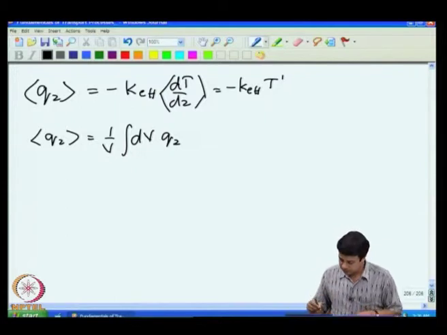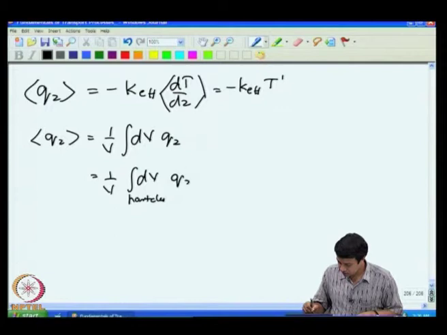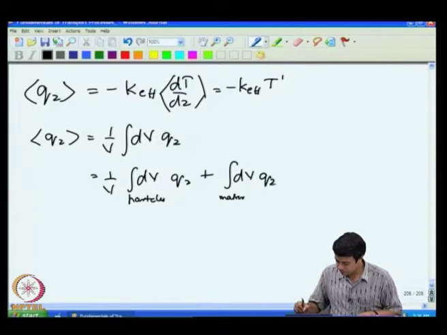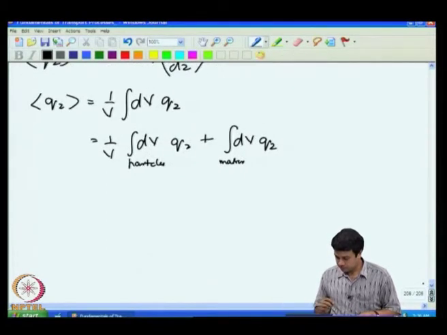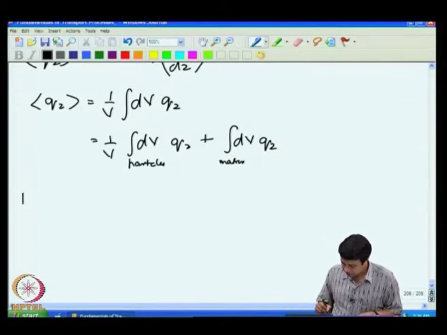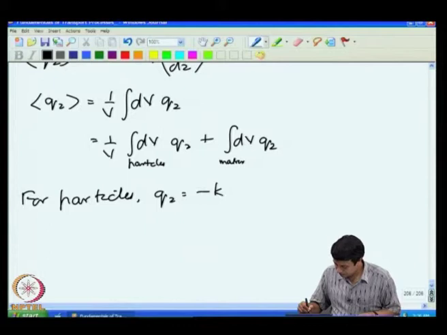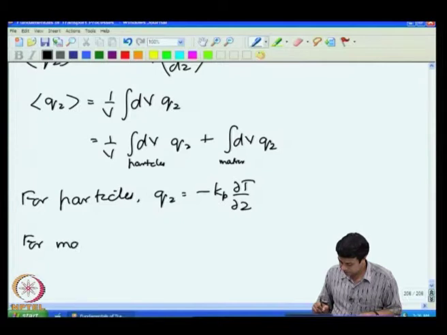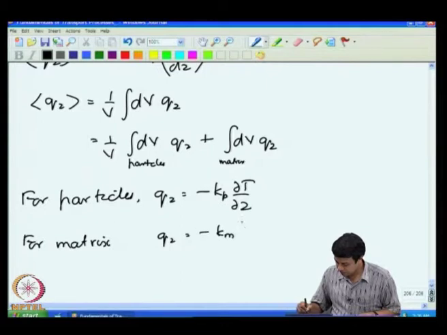Now, this I can separate into two parts, one integral over the particles of Qz plus an integral over the matrix. For the particles, Qz is equal to minus k particles dT by dz, and for the matrix, minus km dT by dz.